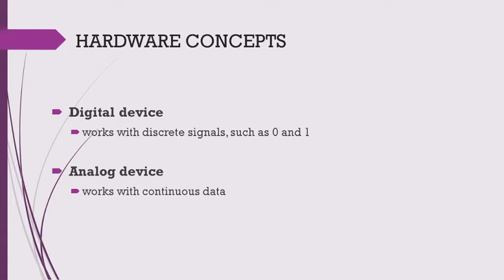Okay? And also if we talk about analog devices, these work with continuous data. Meaning, ang mga devices na mogamit aning analog, ang ilahang signals are dili kaayo ma-determine compared to zeros and ones. A good example for this is the clock. Di ba?